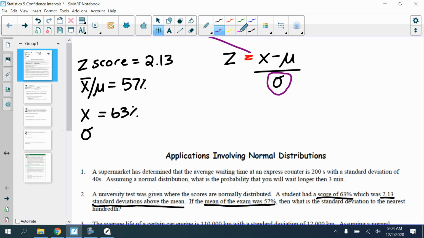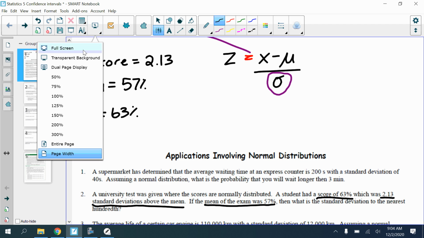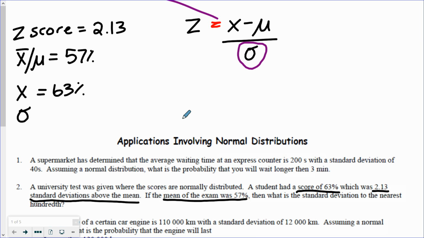We are trying to solve for the standard deviation. So we need to rearrange that formula. Just like in other problems, if what we're solving for is in the denominator, it's a little bit of a problem. We need to do our two-step process to rearrange to solve for our standard deviation. Right now I have the raw score minus the mean divided by standard deviation.